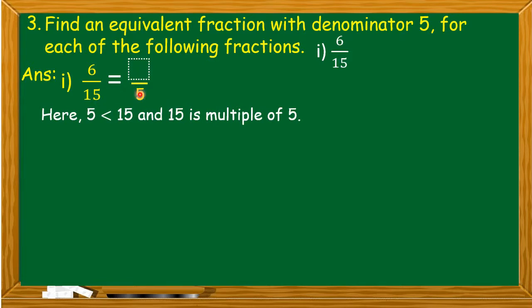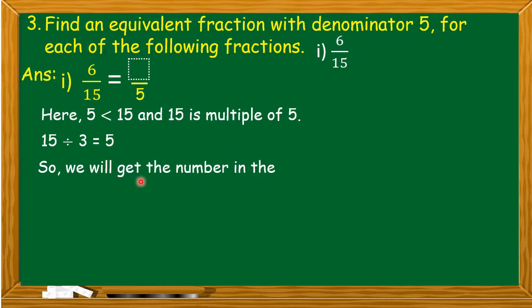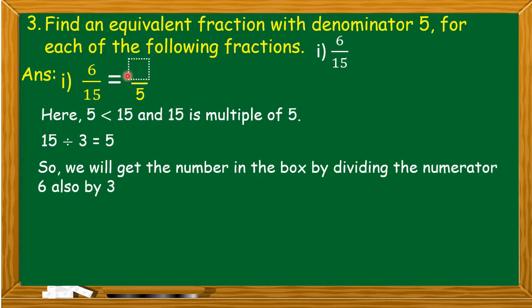So, we have to find a number which when we divide 15 by that number gives 5. So we have 15 divided by 3 is equal to 5. So, we will get the number in the box also by dividing the numerator also by 3.